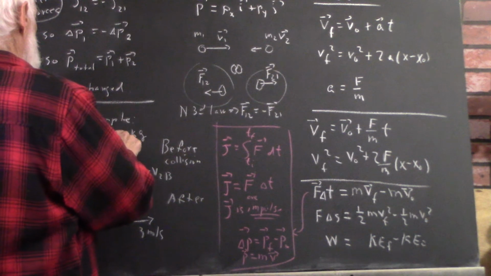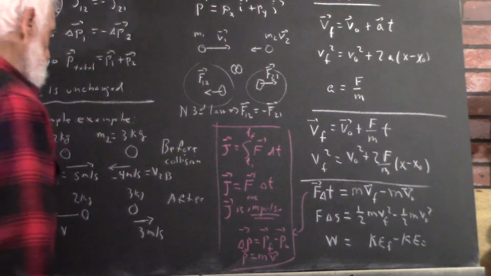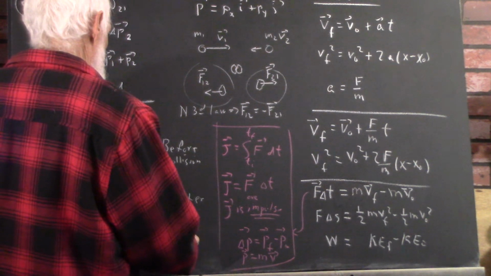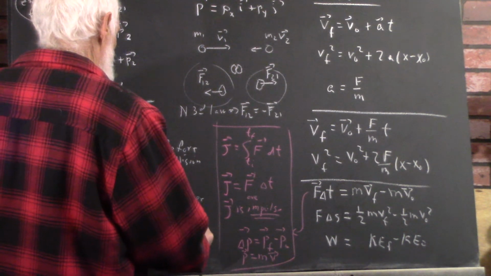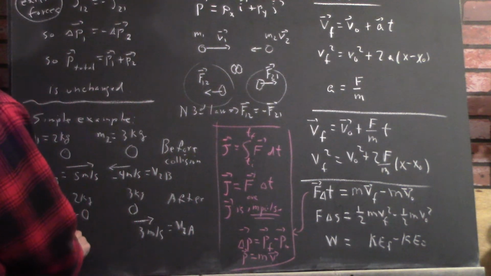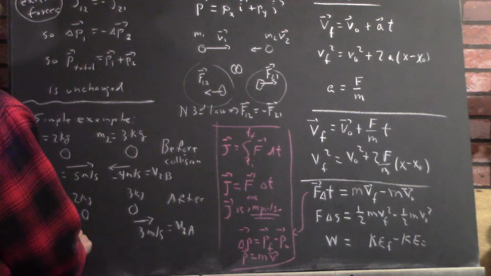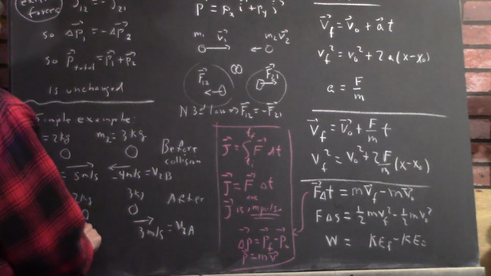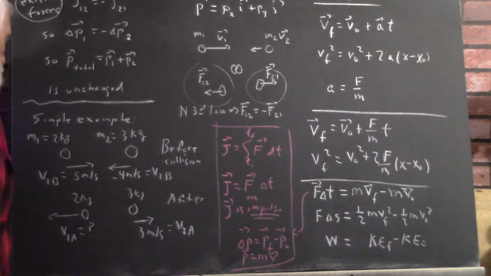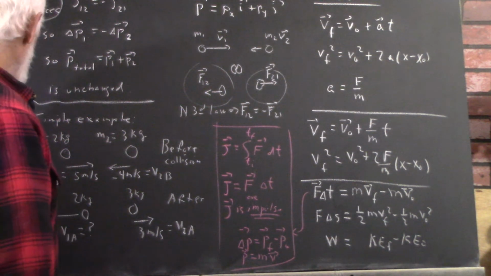And of course the 3 kilograms is M2. After the collision, the 3 meters per second we're going to call V2A. And you're going to say V1A equals what?